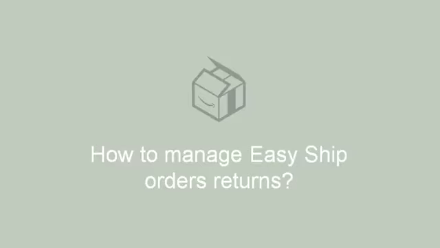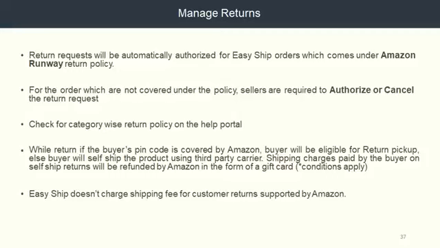Next, how to manage Easy Ship order returns. If we have opted for the Amazon Runway program, and the order is below the threshold limit, it will get auto authorized and we'll just have to issue the refund.